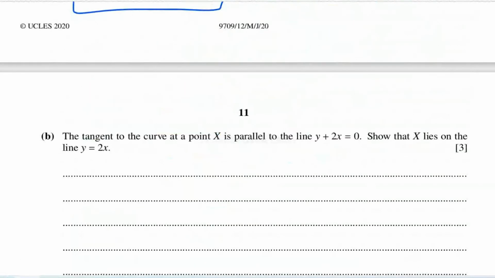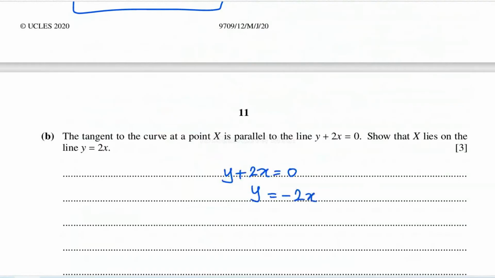The next part of the question is the tangent to the curve at a point x is parallel to the line y plus 2x equal to 0. Show that x lies on the line y is equal to 2x. So y plus 2x equal to 0 can be written as y is equal to negative 2x.